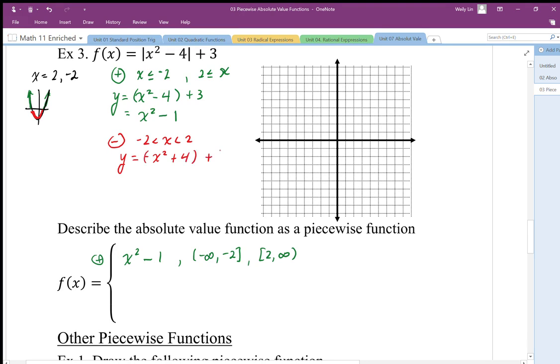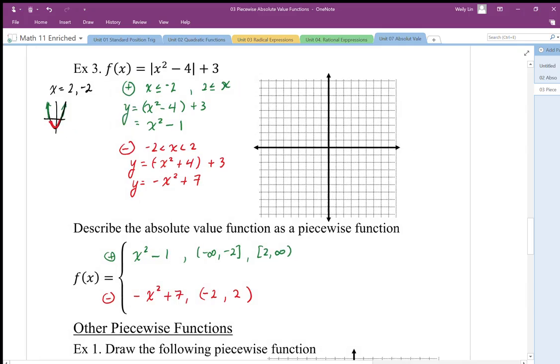And then plus 3. Simplifying that, I end up with an upside down parabola with its vertex at 7. So that's my negative version. So it's going to be negative x squared plus 7, and it's going to be in the domain from negative 2 to positive 2. There's my domain in interval notation.